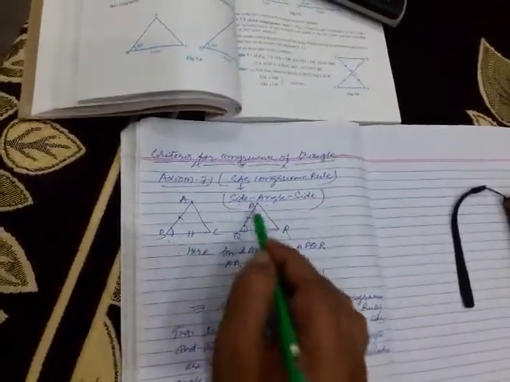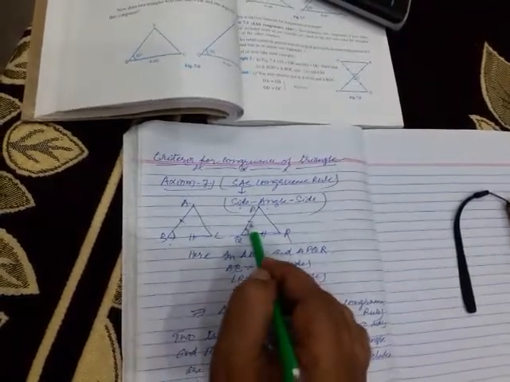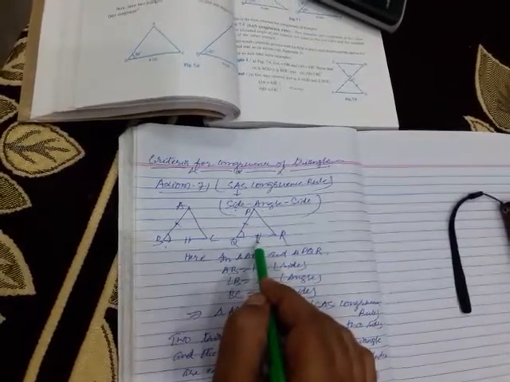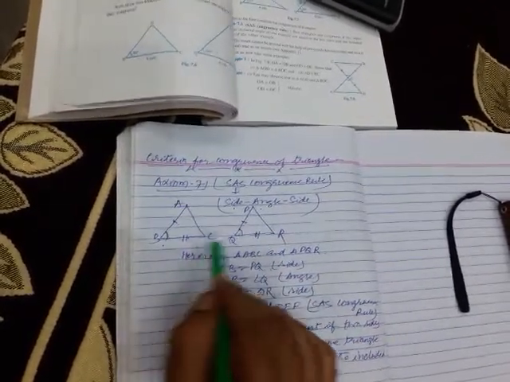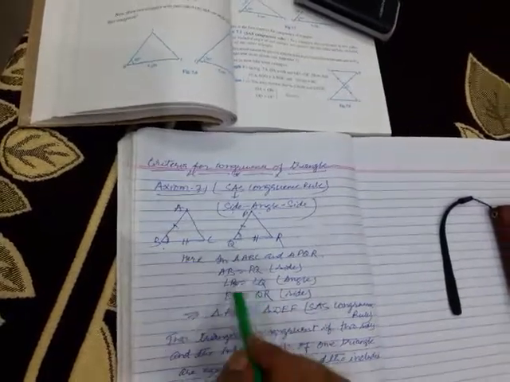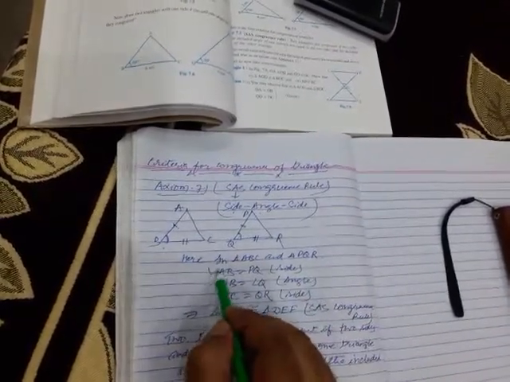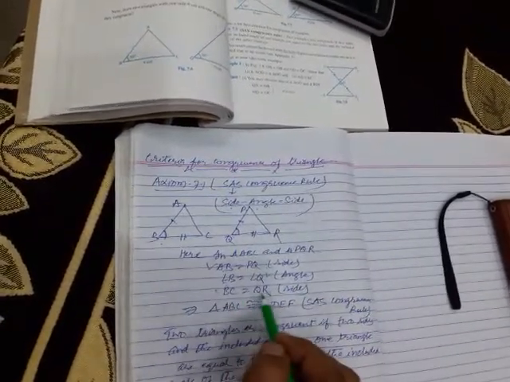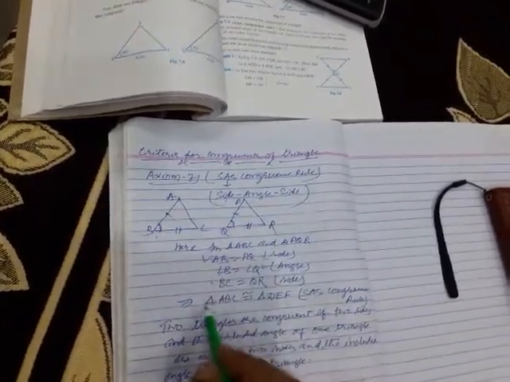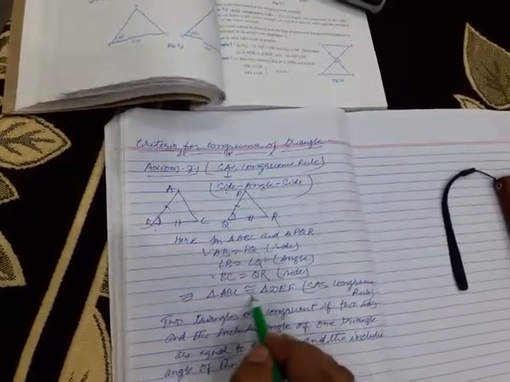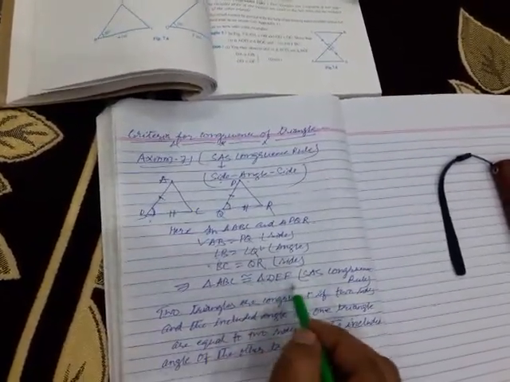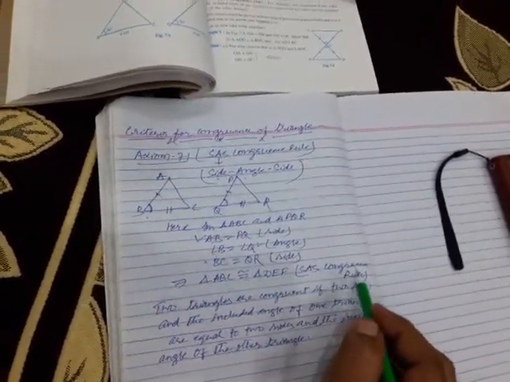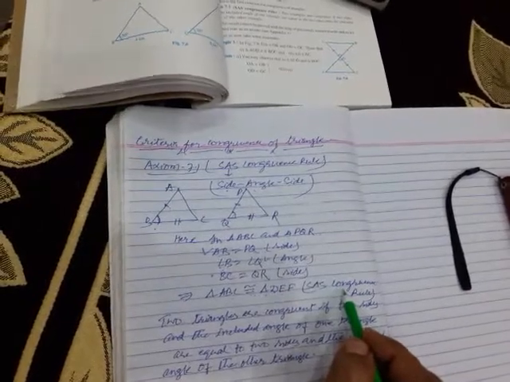Here AB equal to PQ, equality has been shown with the similar marking, and BC equal to QR, similar marking is there, and this angle B is equal to angle Q. Then we write AB equal to PQ, that is side, angle B equal to angle Q, that is angle, and BC equal to QR, that is side. Then we say that triangle ABC is congruent to triangle DEF. Clear? By which rule? SAS congruence rule or SAS congruence criterion.